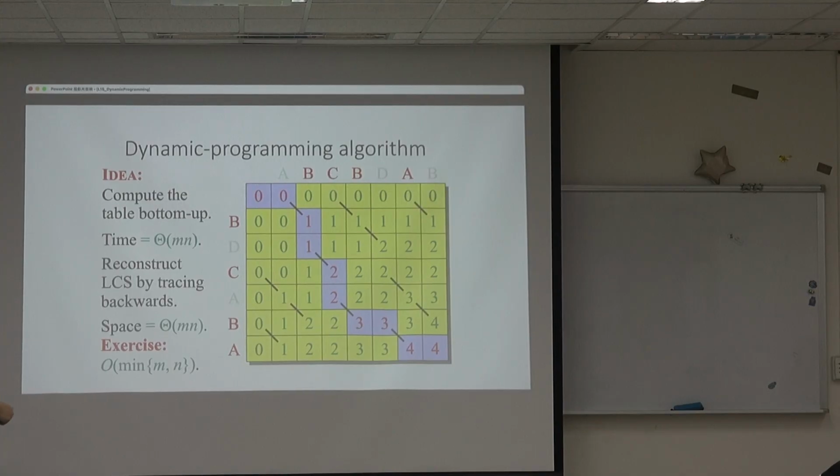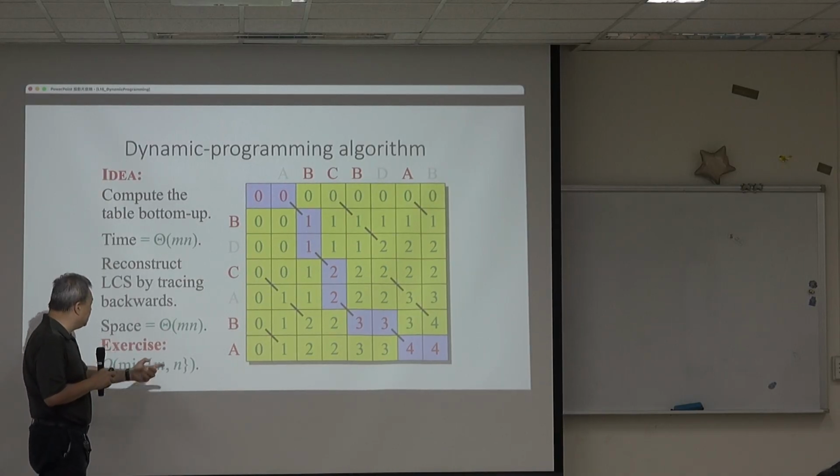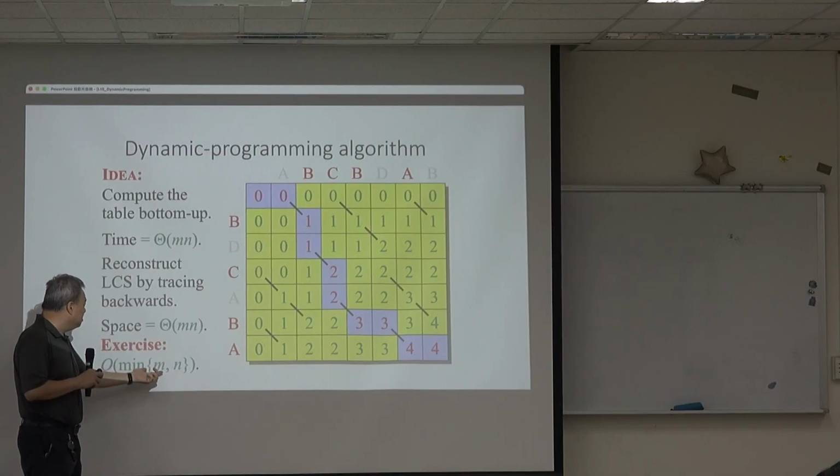So constructing the LCS, again, it takes like n times n. Okay. Actually, constructing one LCS can take a minimum of n.